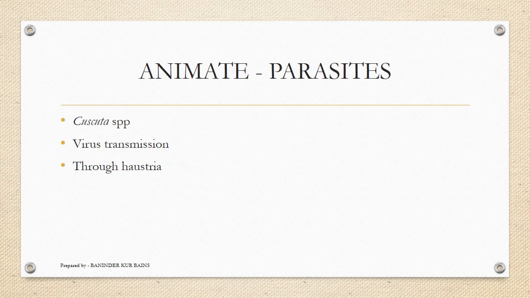Then parasites, a number of parasites like dodder cuscuta, they transmit virus, also sometimes bacteria. Also the virus multiplies in them and they enter the healthy plants by the openings which they have made in the healthy plants, and also through their haustoria.